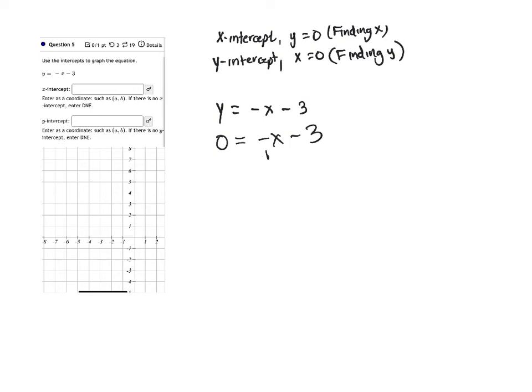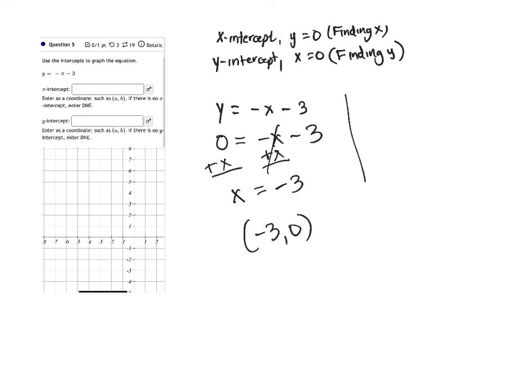So I'm just going to move my x over. So that gives me x equals negative 3, because those go away. So that is the ordered pair negative 3, 0.